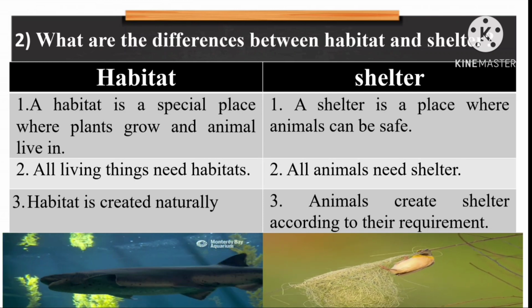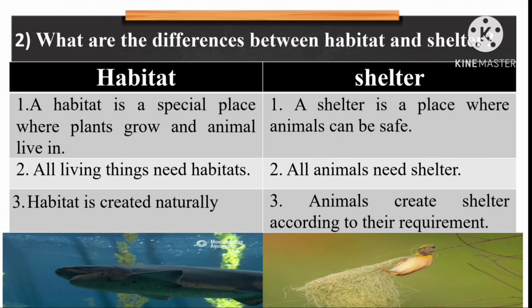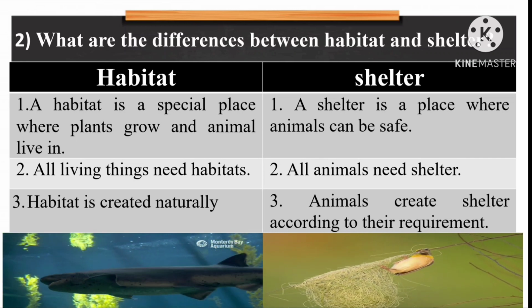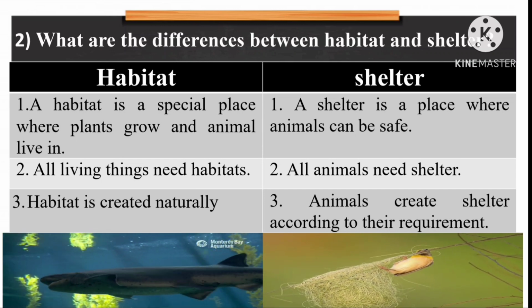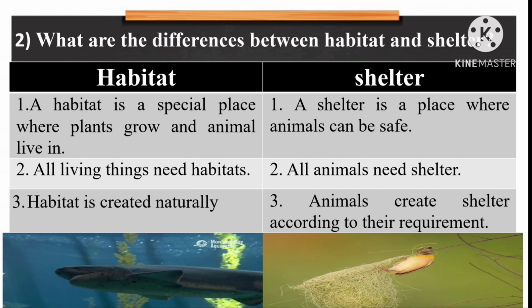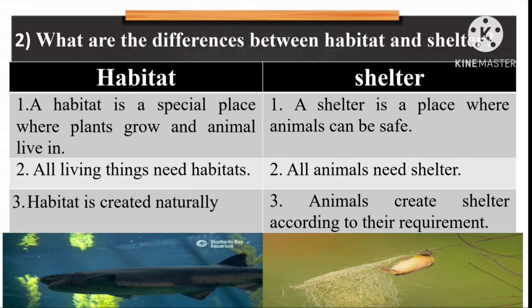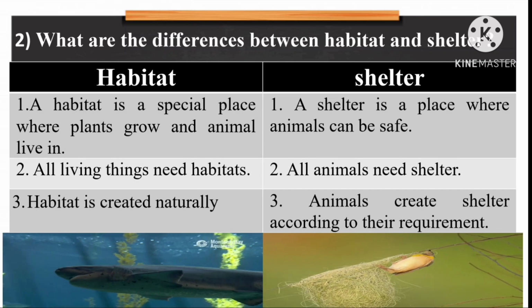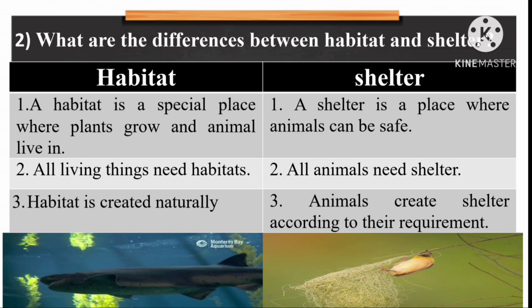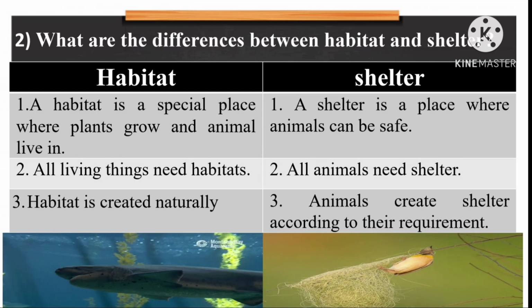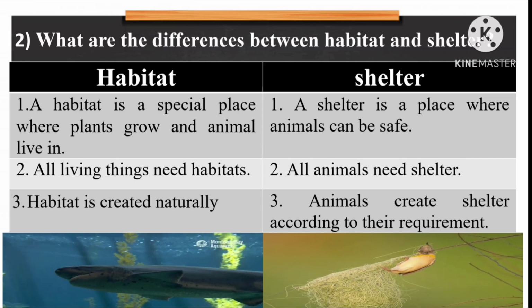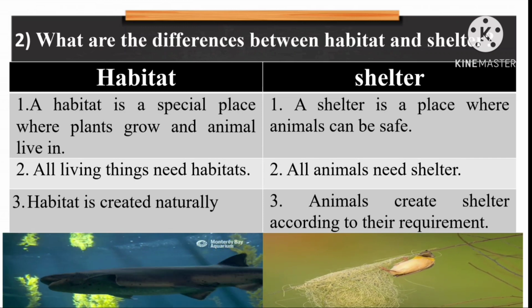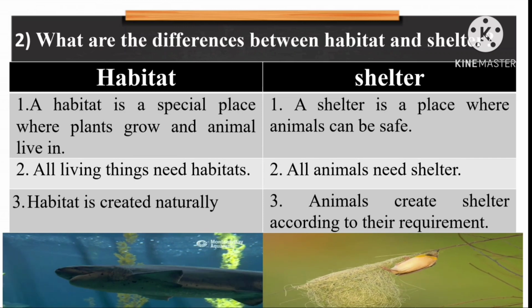Okay, now in the second picture you can see the nest. A bird makes the nest when it feels that it needs to protect its egg from the bigger bird. Then it makes the nest. So a nest is the shelter of a bird. Now the second point is, all living things need habitat and all animals need the shelter.